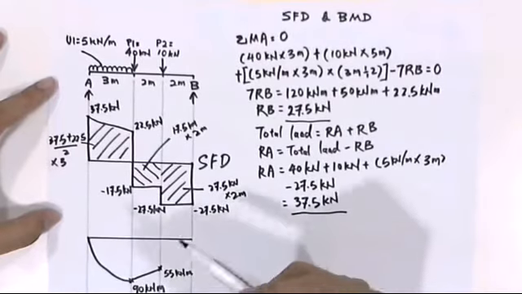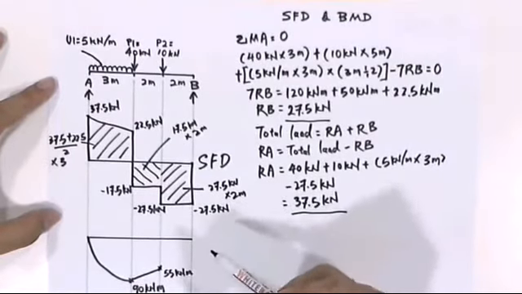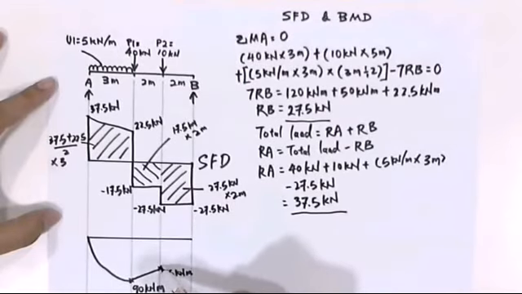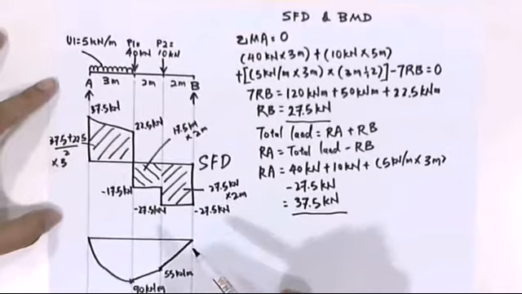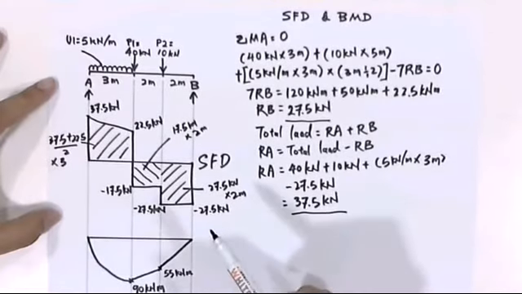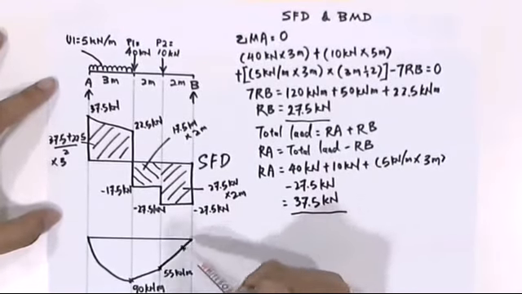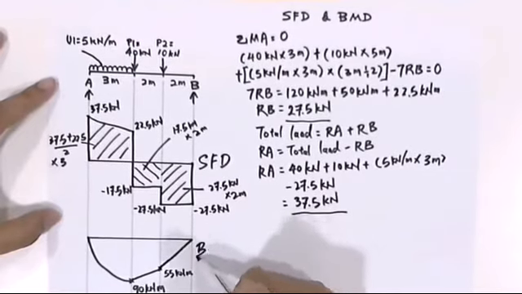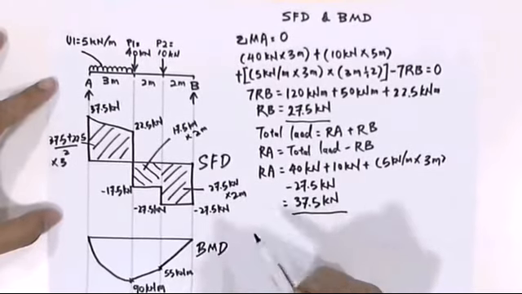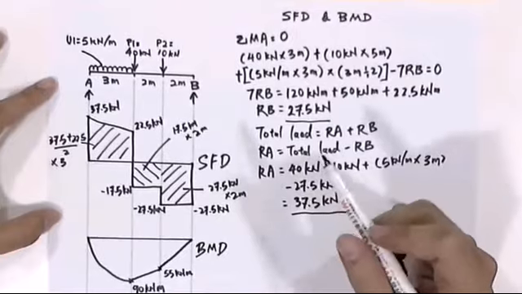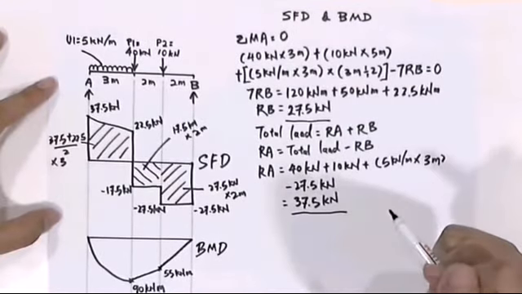Following the equilibrium theory, we'll draw a linear line that goes back to point 0. If you can draw this, that means your bending moment diagram is completed. Thank you for your attention.